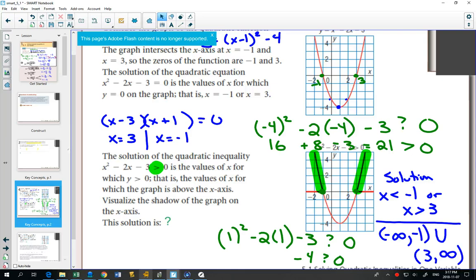Does that visual make sense to you? Me personally, once I've highlighted the part that's going up, I just think that whatever x values are to the left of that point will have a point where the y value is positive. Whatever x values are here would have a point where the y values are positive. That's how I sort of think about it.